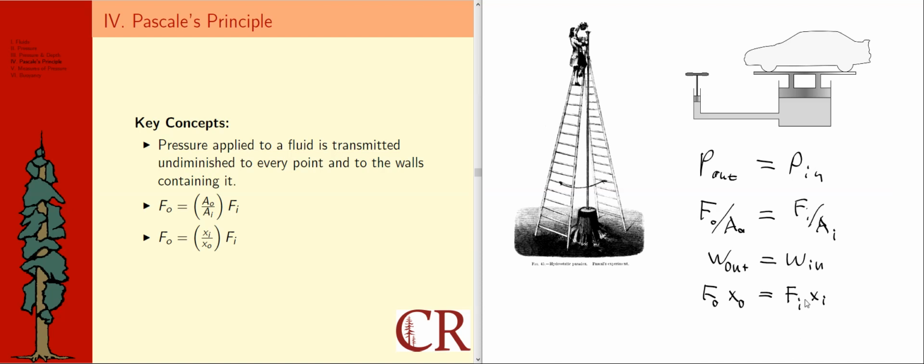And if you take this formula and divide both sides by the XO that represents output displacement, you get the last formula here on the key concept slide. So these two formulas are useful for analyzing systems like a hydraulic lift, or another example would be a hydraulic braking system.